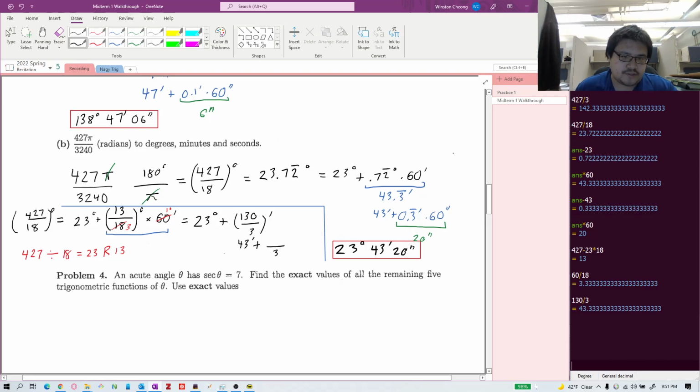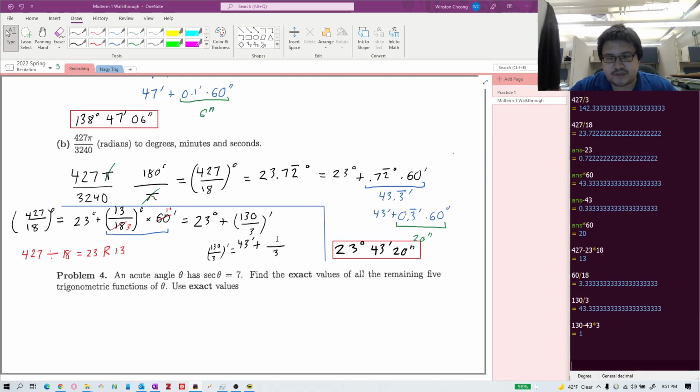Our goal is now to write this 130 over 3, from the improper fraction that it is, into a mixed fraction. When we do the division, this is our quotient, and we need to find the remainder. 130, then we subtract off 43 copies of 3. We're left with 1.